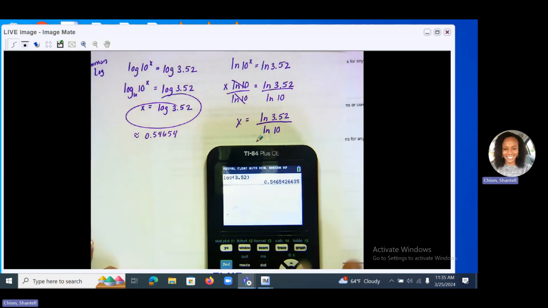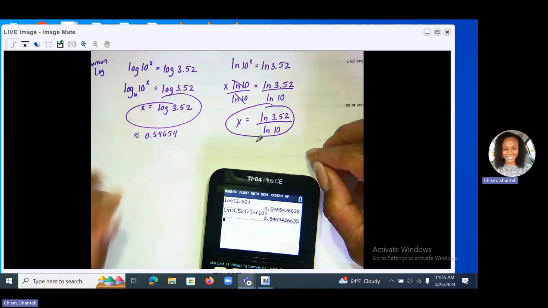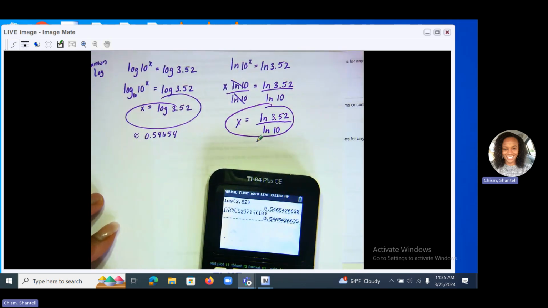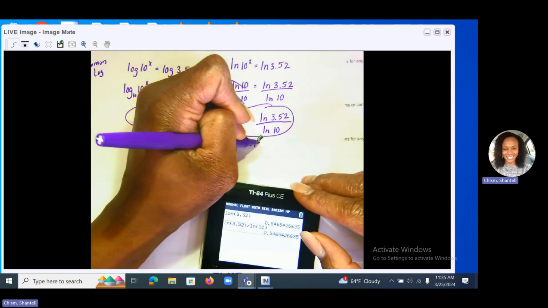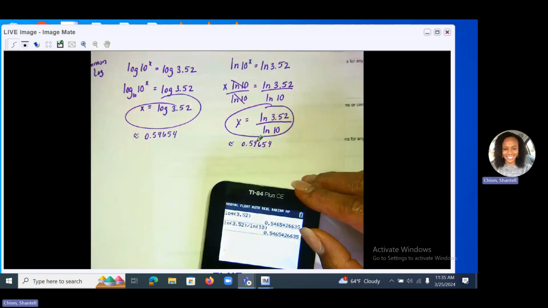And then ln of 3.52 divided by ln of 10, same answer, 0.54654. Okay? So the computer will take either answer. It may even want the decimal approximation anyway.